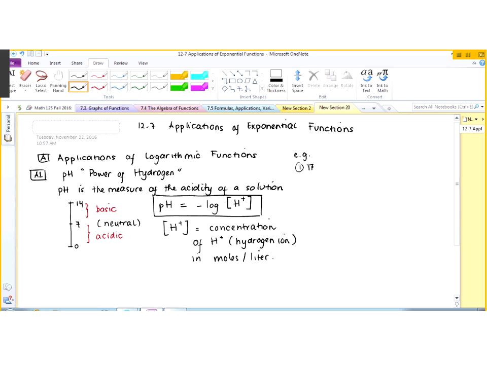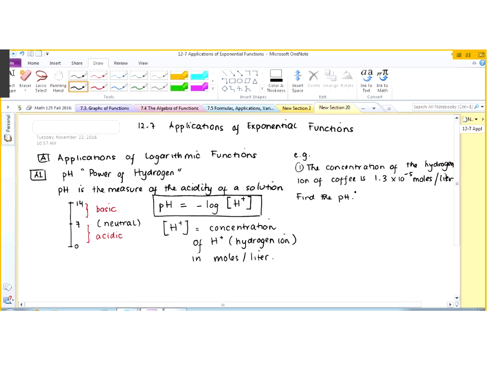Number one, the concentration of hydrogen ion of fresh brewed coffee is 1.3 times 10 to the negative 5 moles per liter. Find the pH.